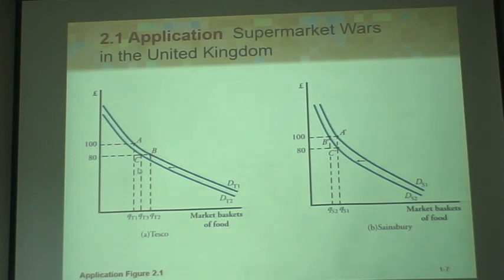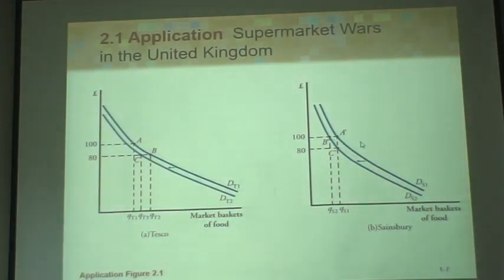So here we say, Tesco wants to increase sales, so he lowers the price from 100 to 80. So this information will be a shock to Sainsbury, right? Originally, he believed that he can sell this much.